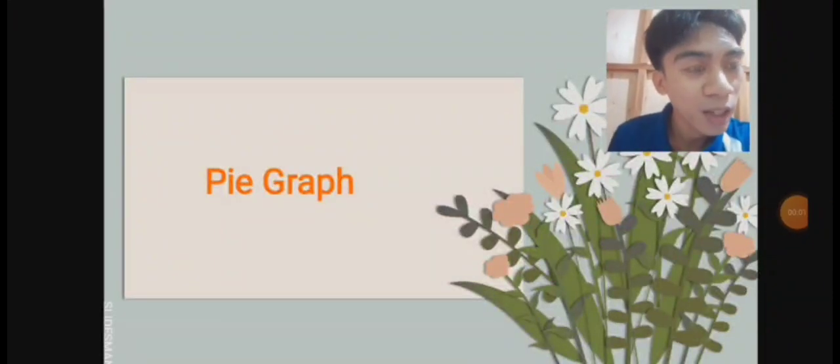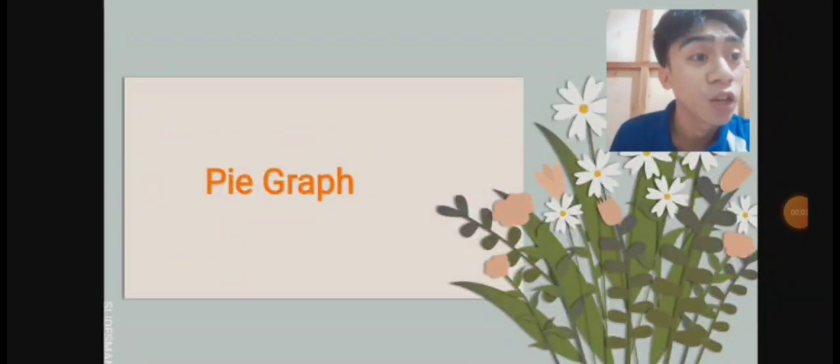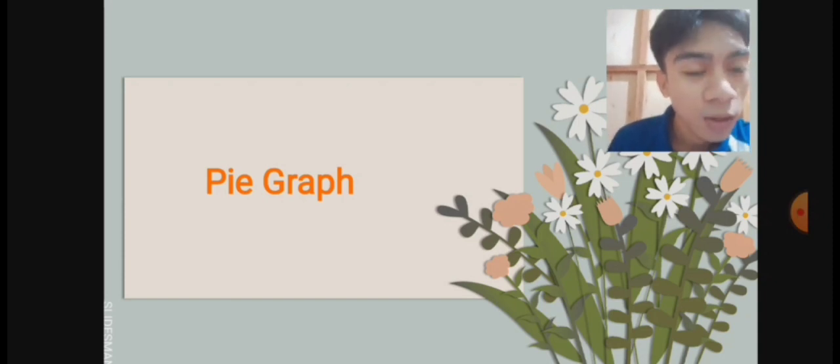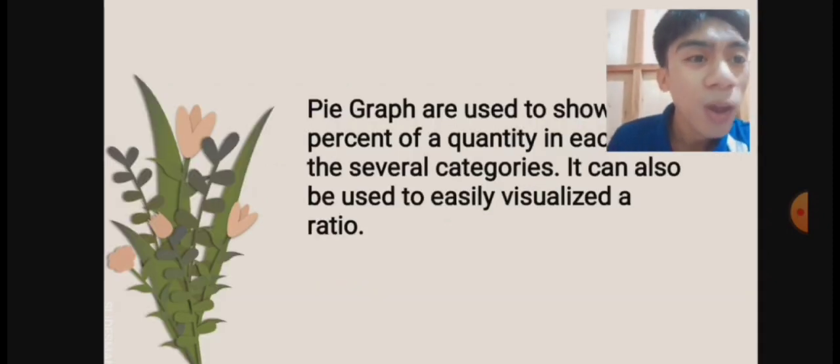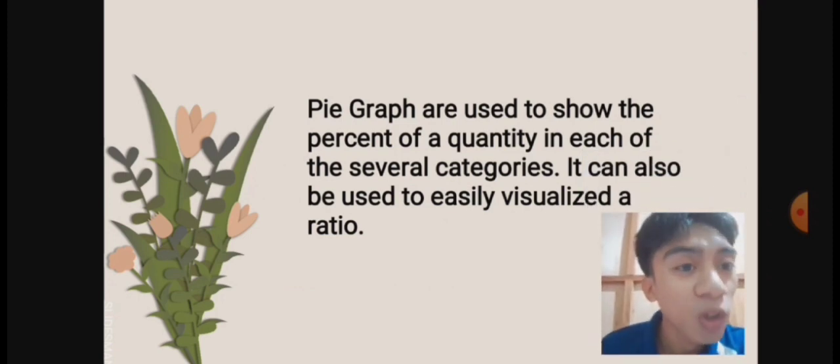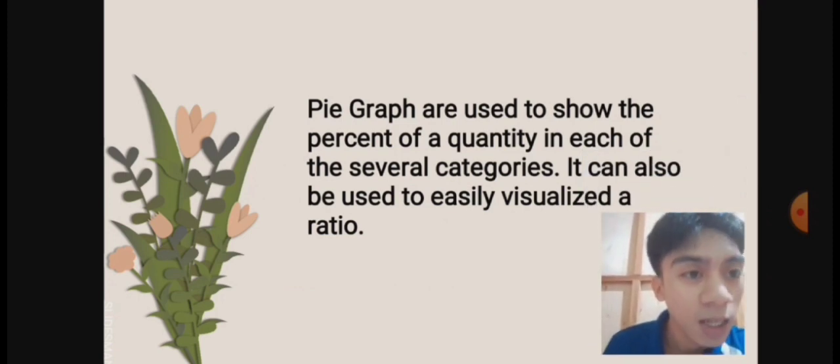Hi everyone, in this lesson we will be learning how to create a pie graph. So, what is a pie graph? Pie graphs are used to show the percent of the quantity in each of several categories. It can also be used to easily visualize a ratio.